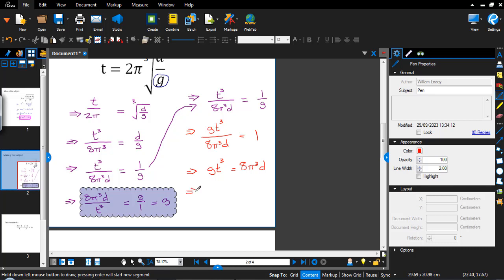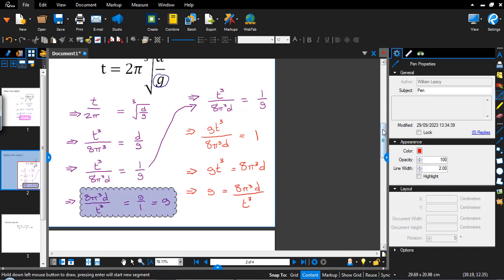That implies, so we want G on its own, so divide both sides by T cubed. G equals 8 pi cubed D over T cubed, which is the same as what you got here. So whatever, you save a line by flipping it upside down.